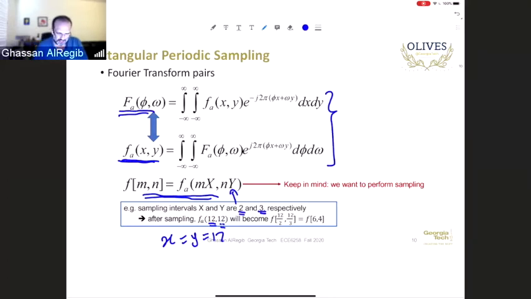Then by definition, this point f a at 12 and 12 will be mapped to f of 6 and 4 in the discrete, digital signal, because capital X is 2 and capital Y is 3.